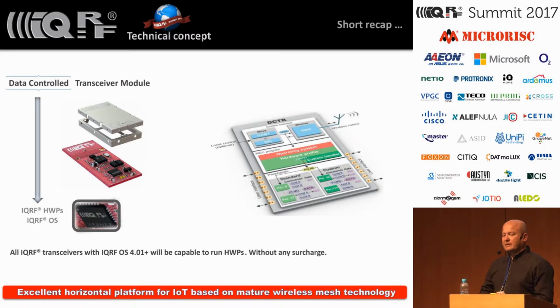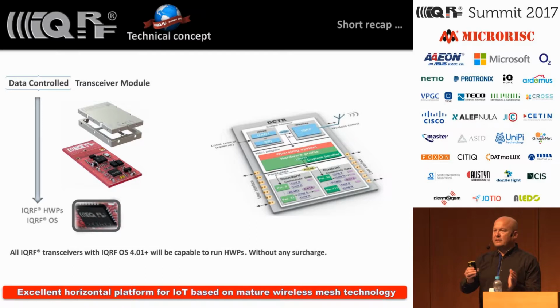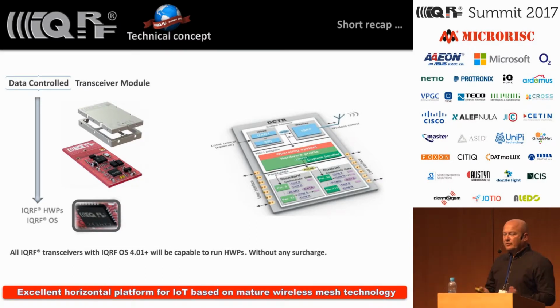Above that, there are hardware profiles and DPA, and to enable that, you need to be data controlled. It means that each of our transceiver modules is controlled by sending and receiving data. It dramatically simplifies the development and R&D cycle.